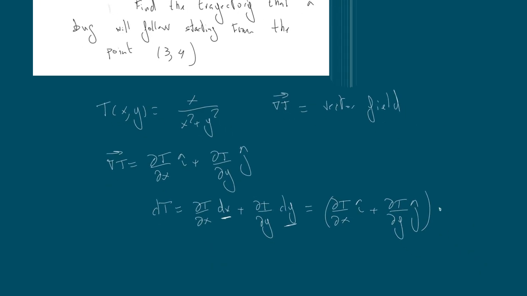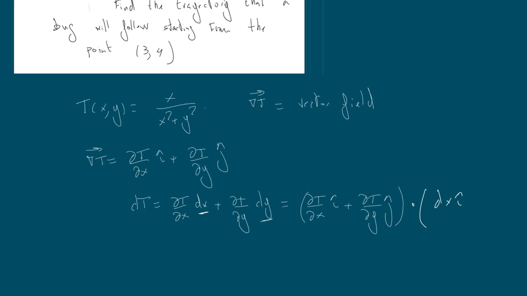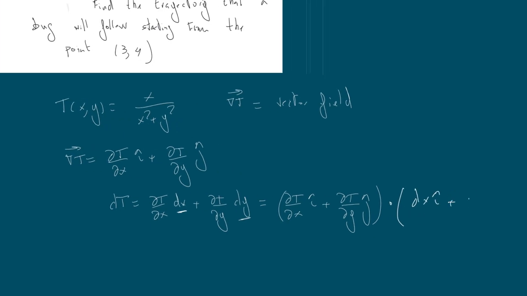and now we use the dot product to produce the left side of the equation. The dot product will be with dx i plus dy j, and the dot product of the left side will give the right side.